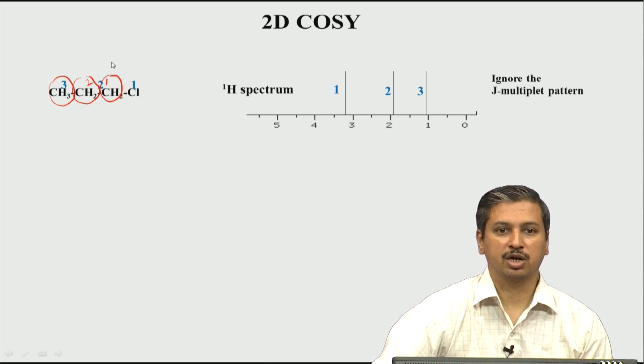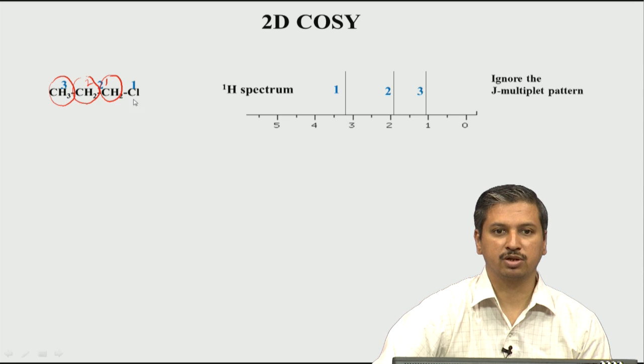So, when you record a 1D NMR spectrum of this, you will get something like this. Why is 1 here? Because it is downfield shifted, again remember, because of the inductive effect. Then 2 is a little bit away and 3 is the last, because 3 is most away from chlorine. So, therefore, it is least deshielded. So, it comes here. So, this is fine.